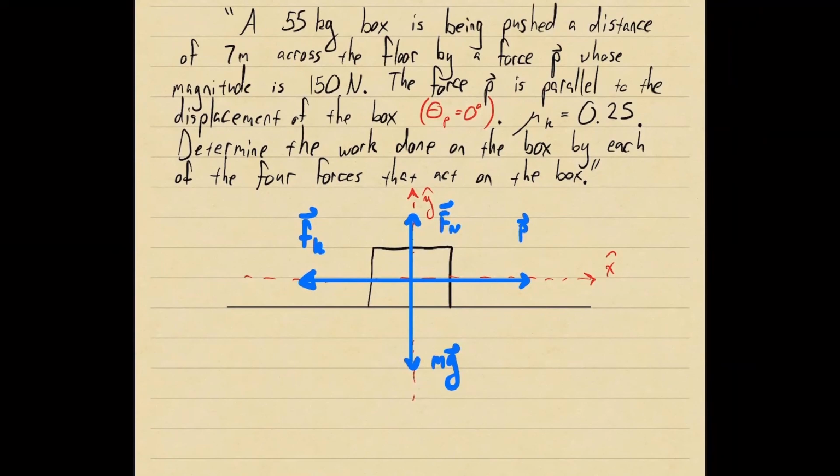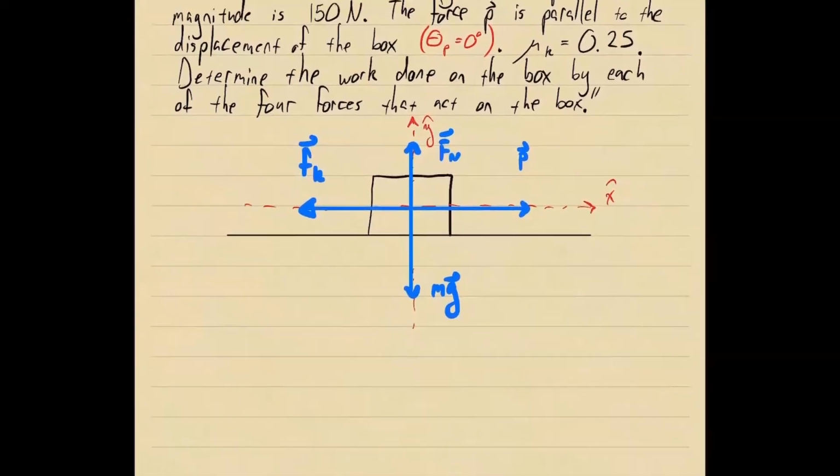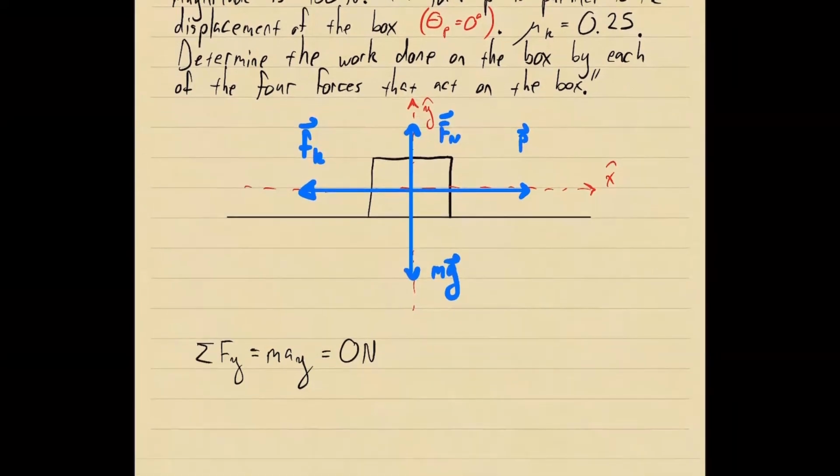So first of all, let's begin by noting that we don't want this box accelerating in the y direction. We don't want it rising up, and we don't want it sinking into the ground. So when we look at Newton's second law, all the forces acting in the y direction are going to be equal to the mass of the box times the net acceleration of the box in the y direction, but we want that to be 0. So the sum of the forces on the box in the y direction are going to be the normal force pointing up, and then the weight pointing down.